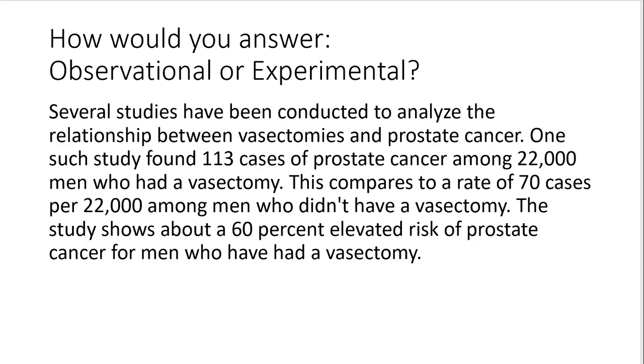And sometimes people try to say that it's experimental based on the fact that vasectomy is a kind of surgery, right? But people who set up this study did not themselves produce those vasectomies. They simply observed what happened to people who already did vasectomies. Does it make sense? If you have any questions about it, let me know in the class.